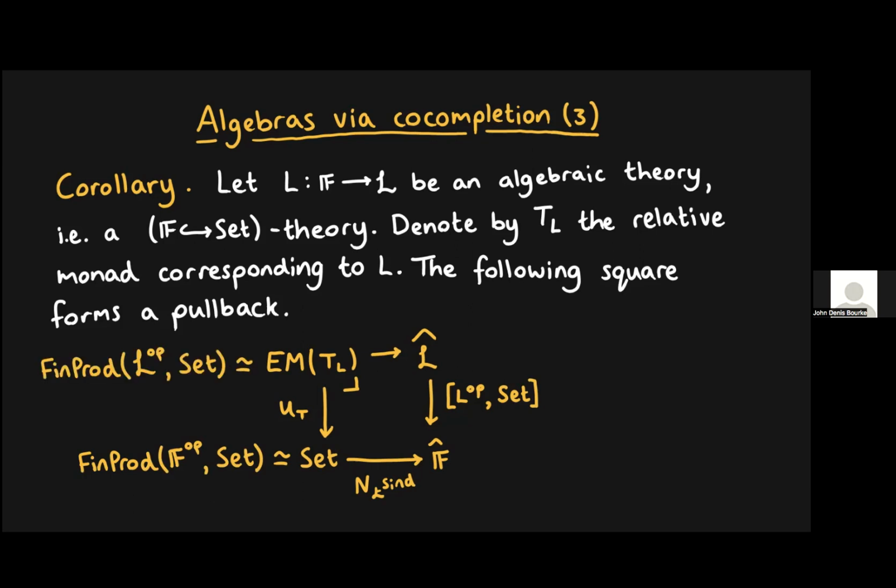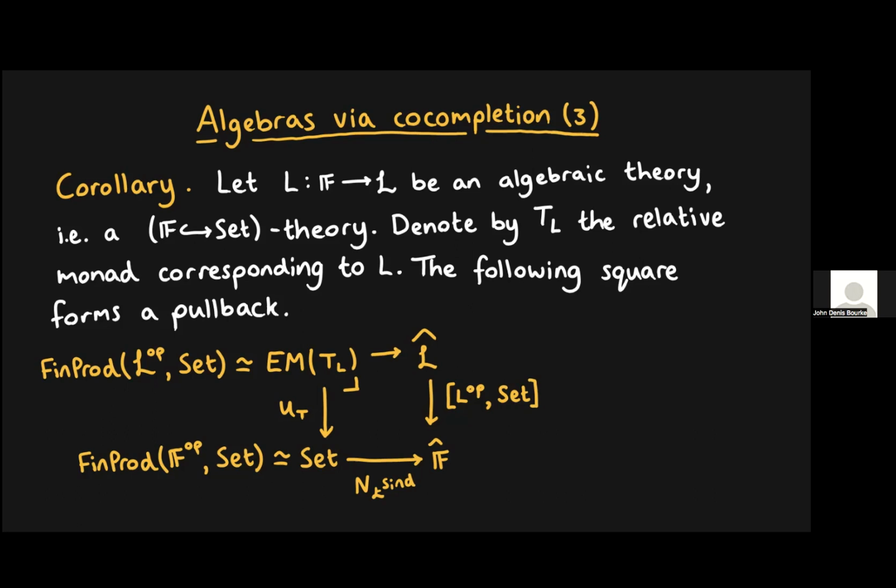And then it's easy to show that because we have two presheaf categories on the right and finite product preserving presheaves on the left, the apex must also be a category of finite product preserving functors, or presheaves. In particular, it's finite product preserving presheaves on L, which is the codomain of our algebraic theory.